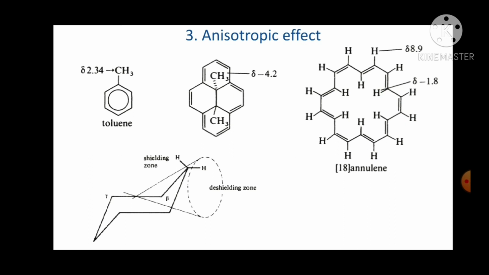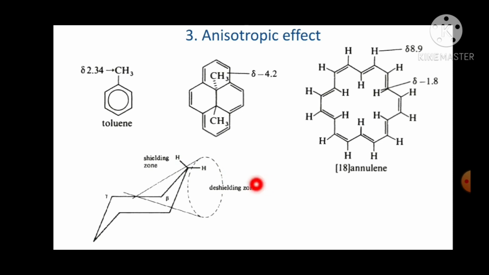Similarly, when you have structures like this one, this is a chair conformation. You can see the protons connected to this ring structure. These are the equatorial protons, and those along the axis are called axial protons. This effect is not much, approximately 0.5 ppm.